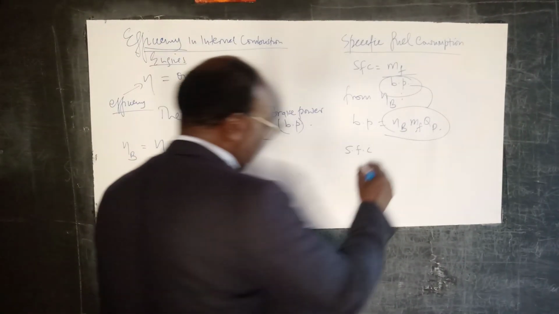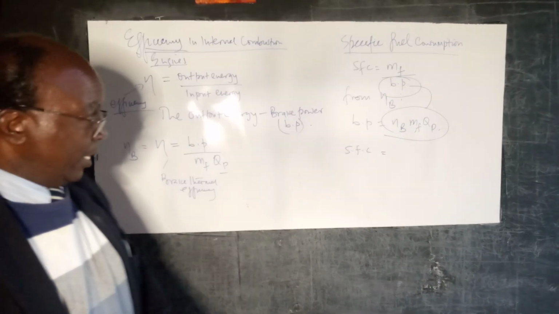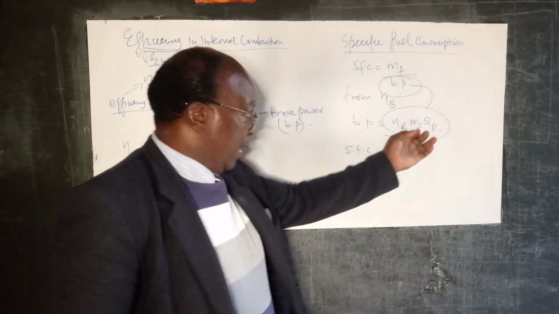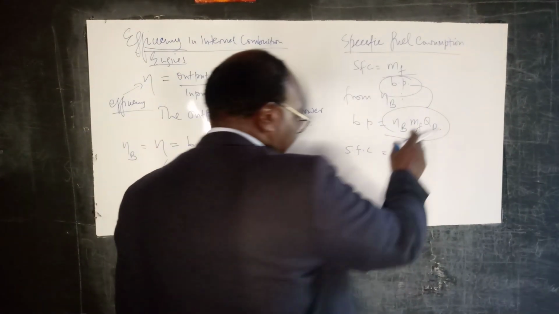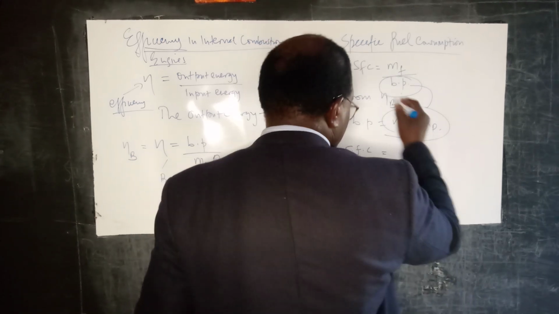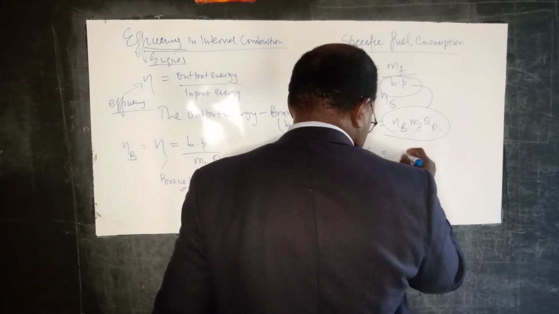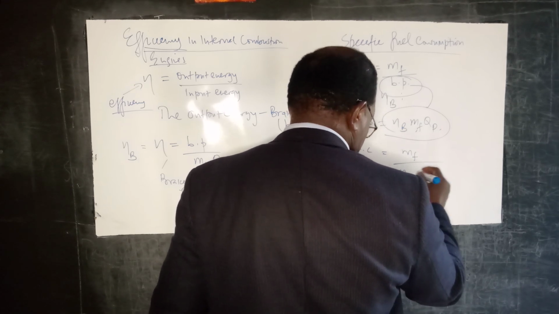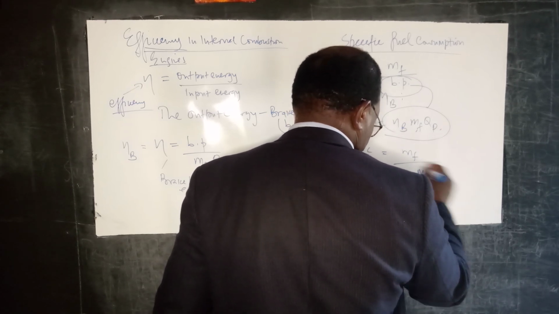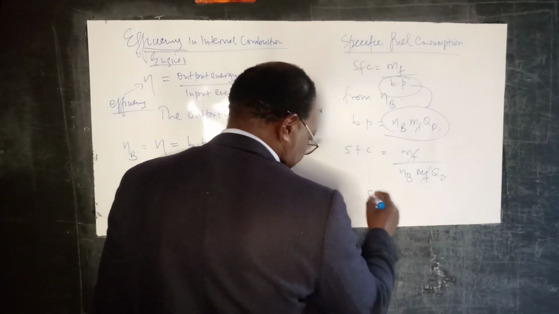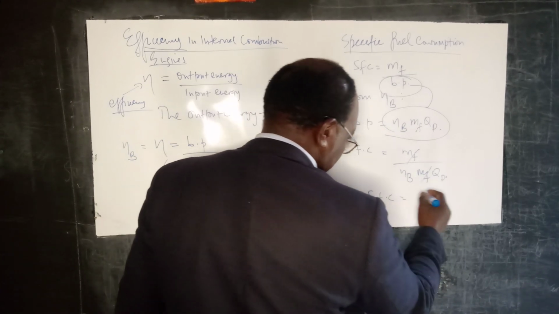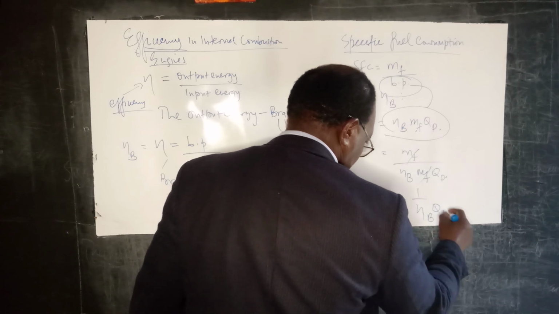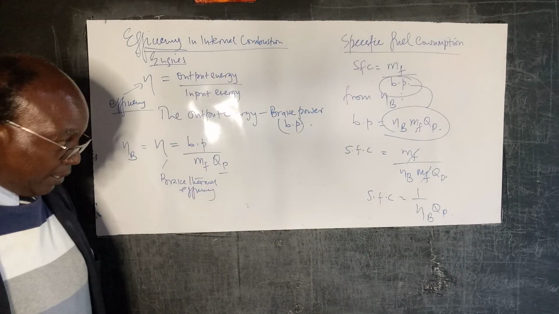We now have the brake power in terms of the brake thermal efficiency, mass flow rate, and also the calorific value of that particular fuel. So we have this as mF over brake power, and of course we cancel like terms so that the specific fuel consumption is 1 over the brake thermal efficiency times the calorific value.